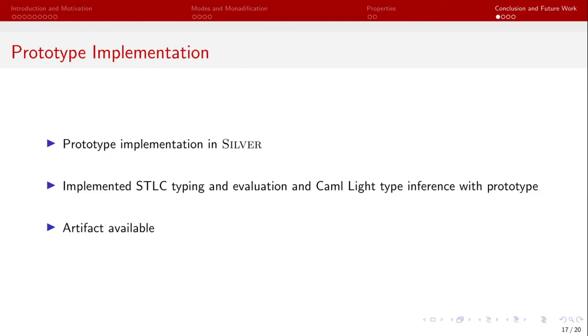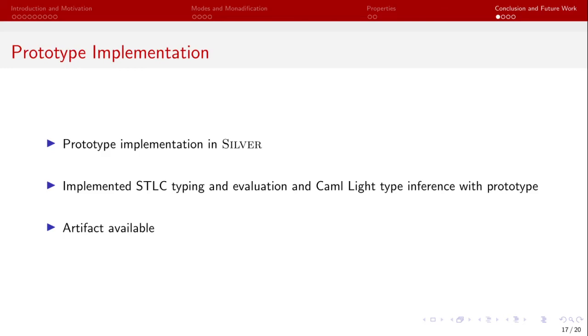We have a prototype implementation of our monadification in Silver, the attribute grammar system maintained by our research group. We use this prototype to implement typing and evaluation for the simply typed lambda calculus, as well as type inference for CamelLite, which is a subset of OCaml. We found that the attributes that need to be implicit tend to spread when you write a language.